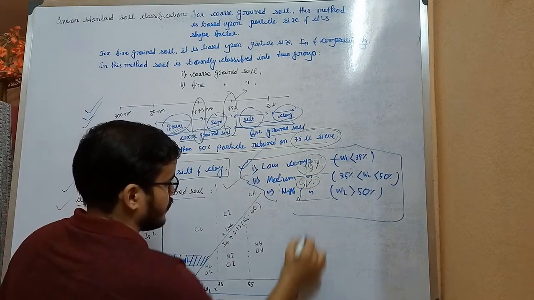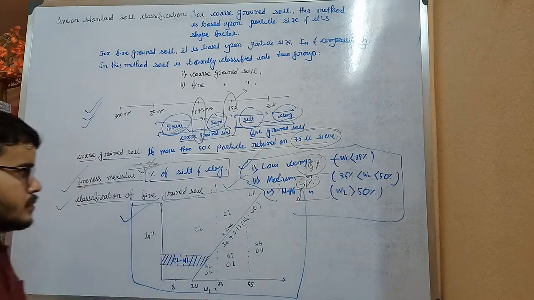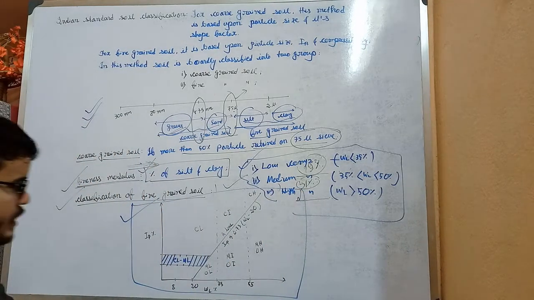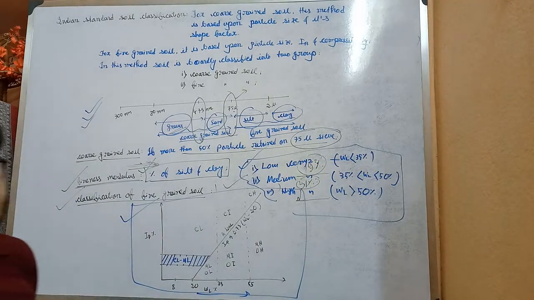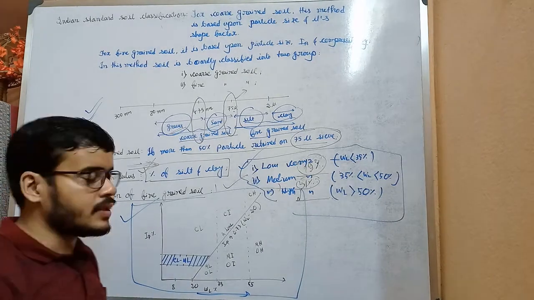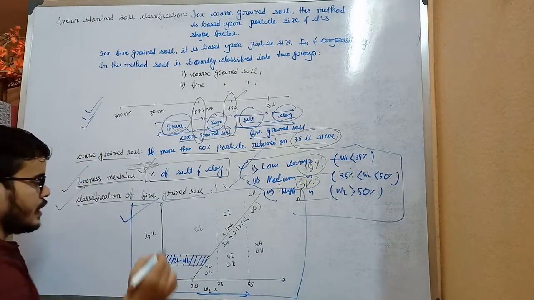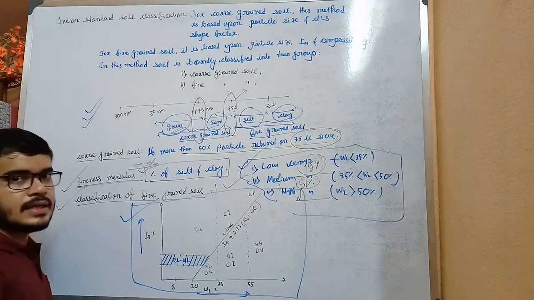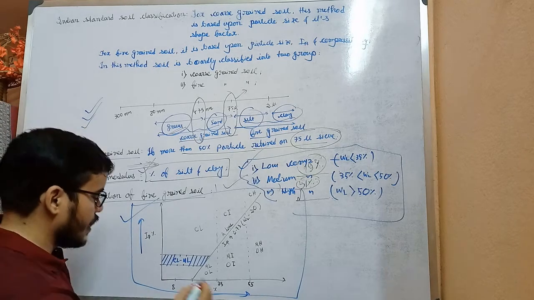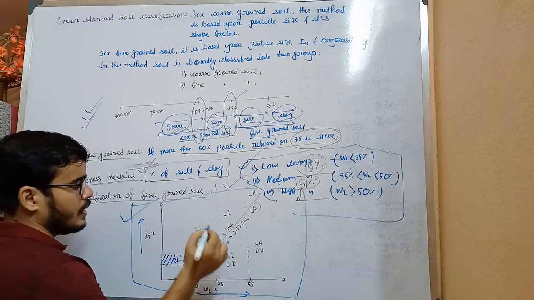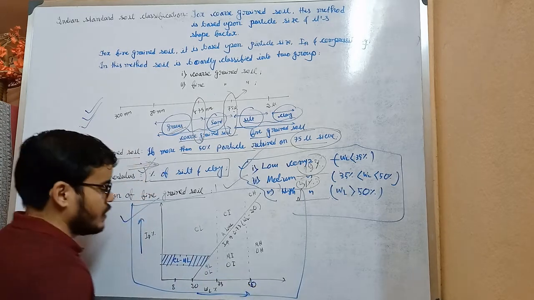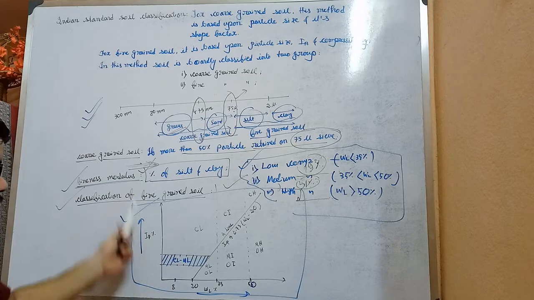Understand this graph very carefully. This is a liquid limit, WL. What is liquid limit? Go through my lecture 6 and you will understand liquid limit, plastic limit, shrinkage limit. Okay, and now this is plasticity index, that is IP. Okay, and now liquid limit 20, 35, 50, 55, and this is plasticity index IP.